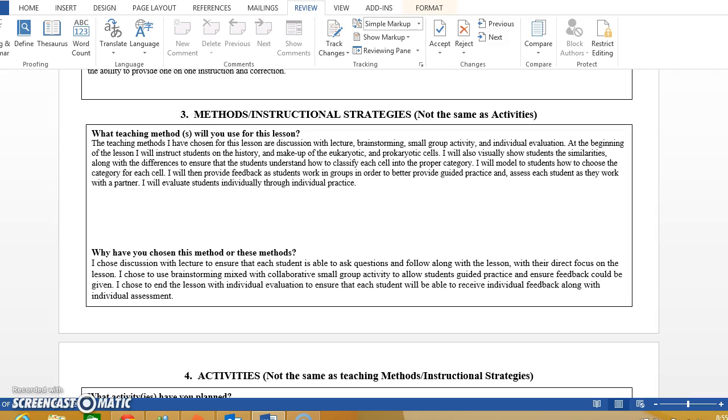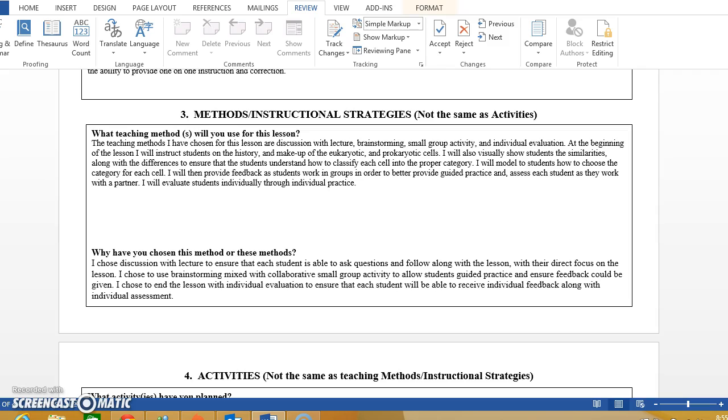I will also visually show the students the similarities along with the differences to ensure that the students understand how to classify each cell into a proper category. I will model to the students how to choose the category for each cell. I will then provide feedback as students work in groups in order to better provide guided practice and assess each student as they work with a partner. I will evaluate students individually through individual practice.